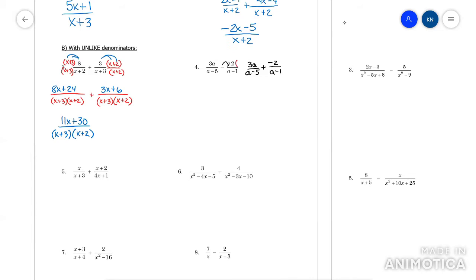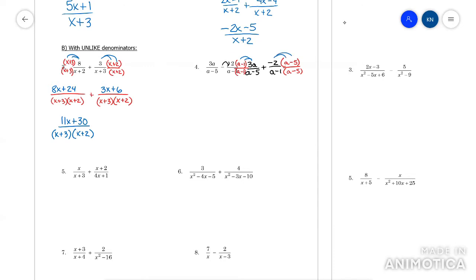This guy on the left is going to need a minus 1 over a minus 1. The guy on the right is going to need a minus 5 over a minus 5. You will have to distribute up top.